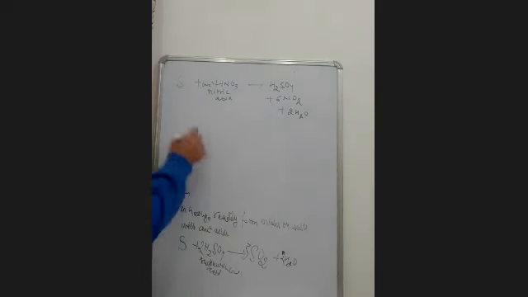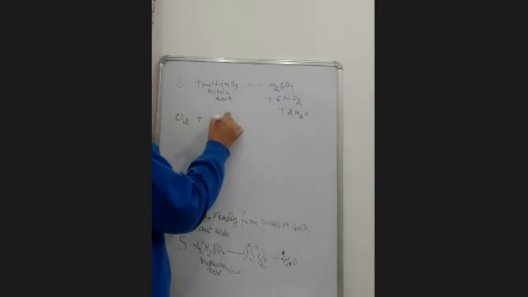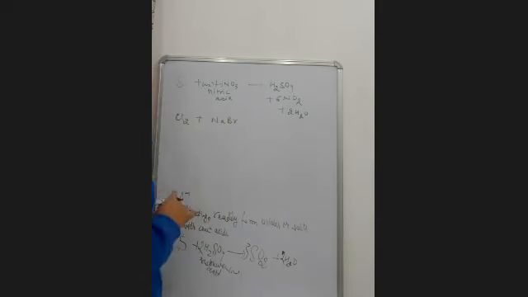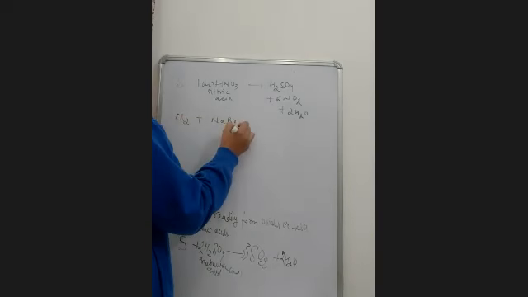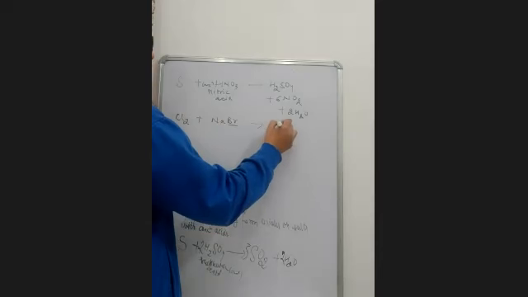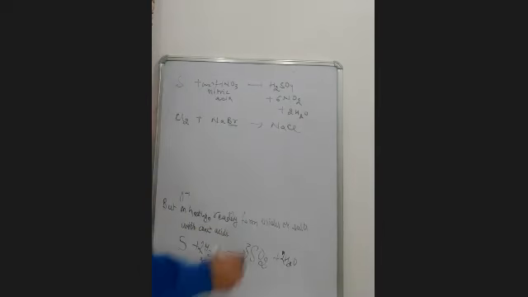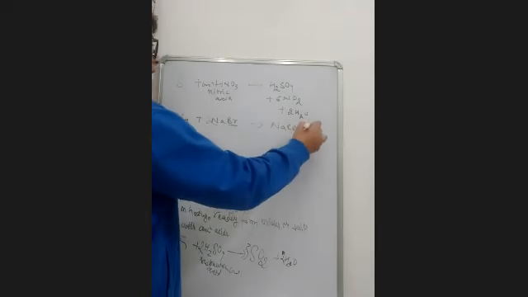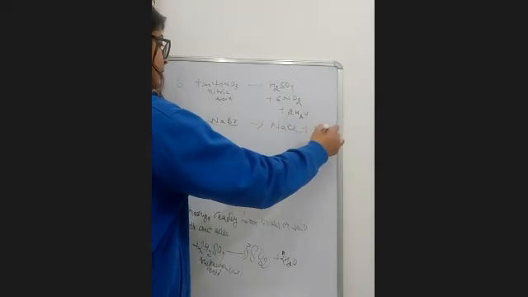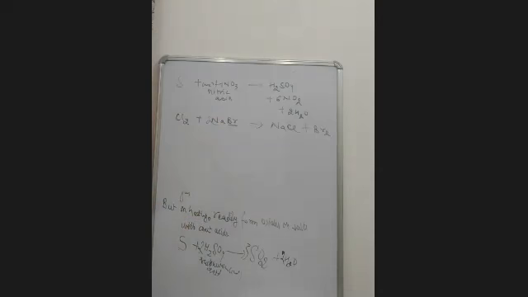Also, when Cl2 reacts with NaBr, you already know what happens in this reaction. Chlorine displaces Br and it becomes NaCl, with release of bromine gas.